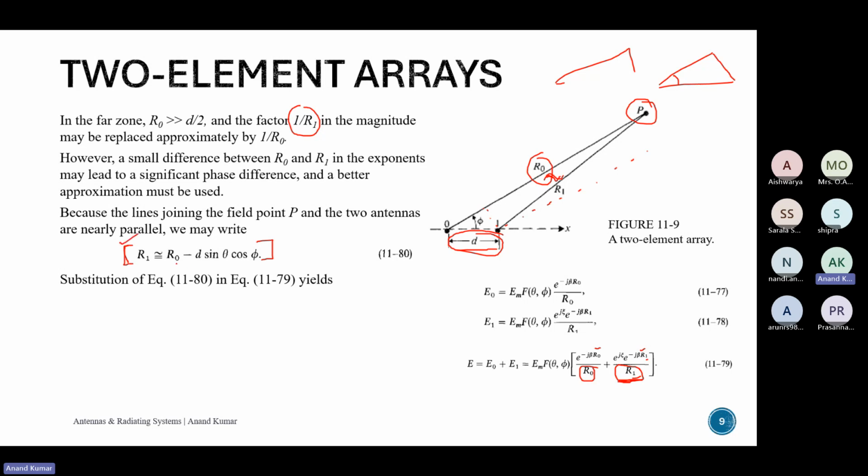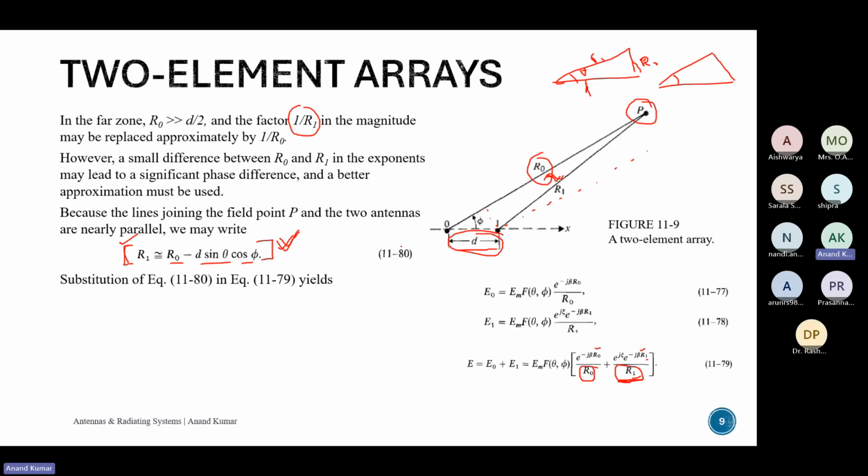That this r1 can be written as r naught minus d sine theta cos phi. This has something to do with this scalene triangle, where we have some angle over here, this distance as d, and these two distances r naught and r1, and we end up with this. So this is some approximation. This is some mathematics, and I'm sure that there's something wrong with this figure.